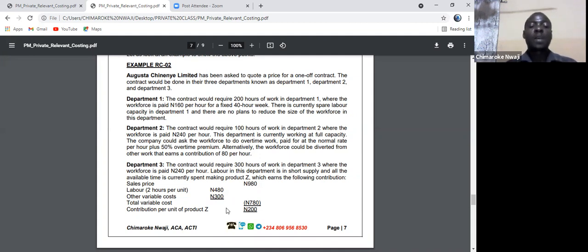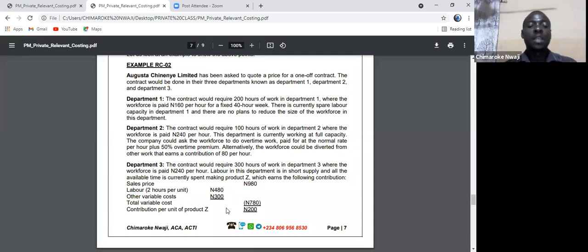Department 2, the contract will require 100 hours of work in Department 2, where the workforce is paid 240 naira per hour. This department is currently working at full capacity. The company could ask the workforce to do overtime work paid for at their normal rate per hour plus 50% overtime premium. Alternatively, the workforce could be diverted from other work that earns a contribution of 80 naira per hour.